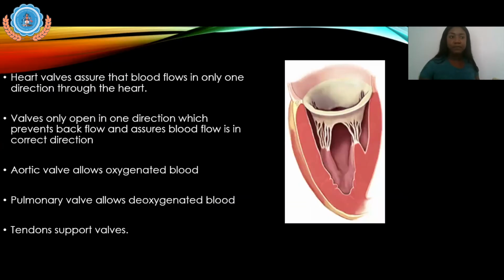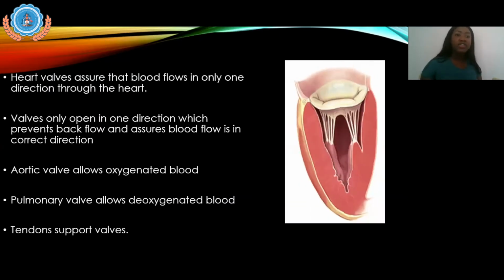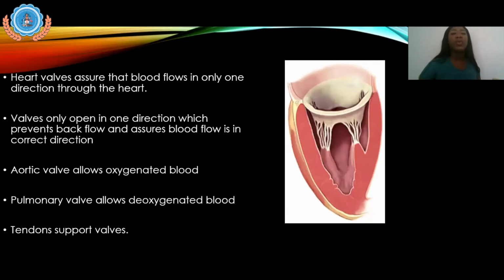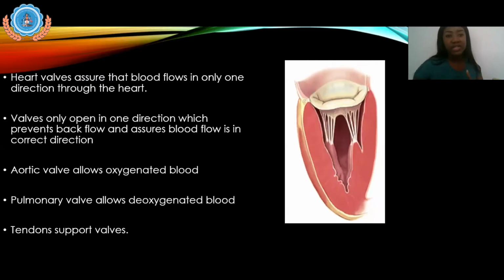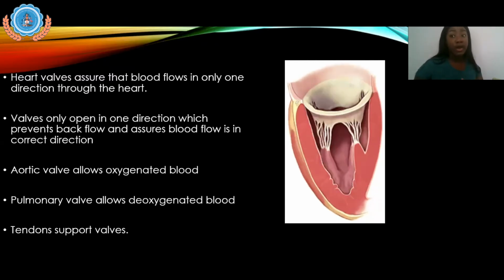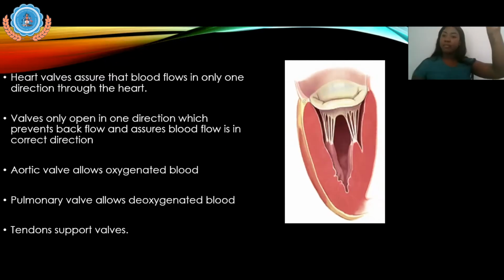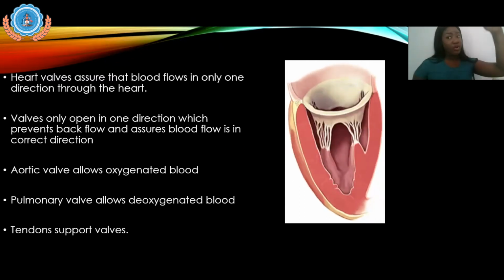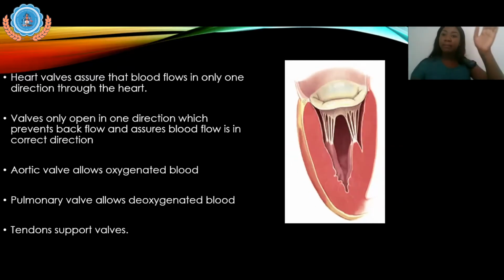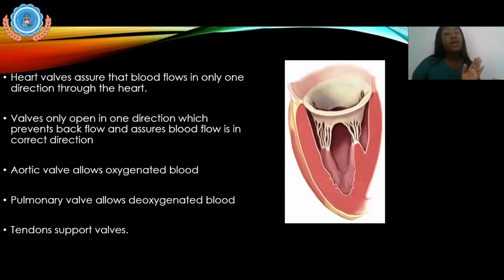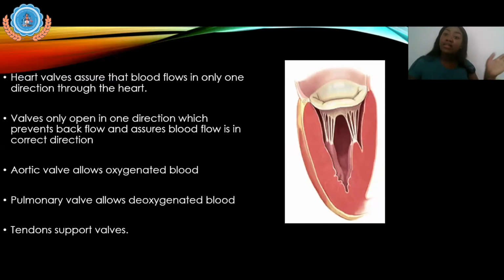Okay? So heart valves assure that blood flows in only one direction through the heart. Only up from here. The blood does not go down, only up. Or should I say, it follows the pattern that the veins have.